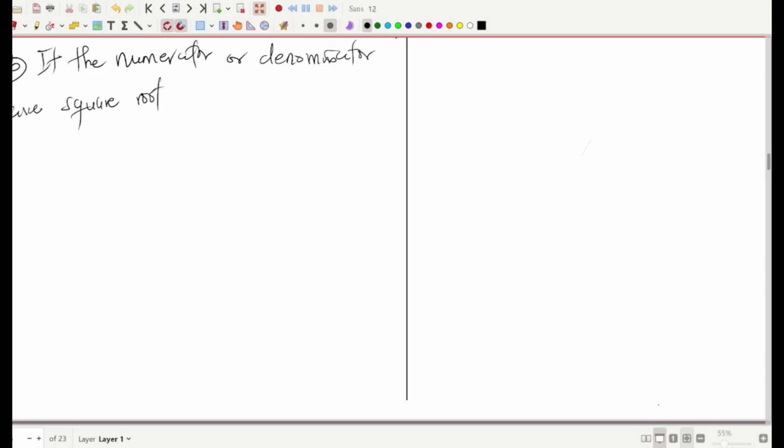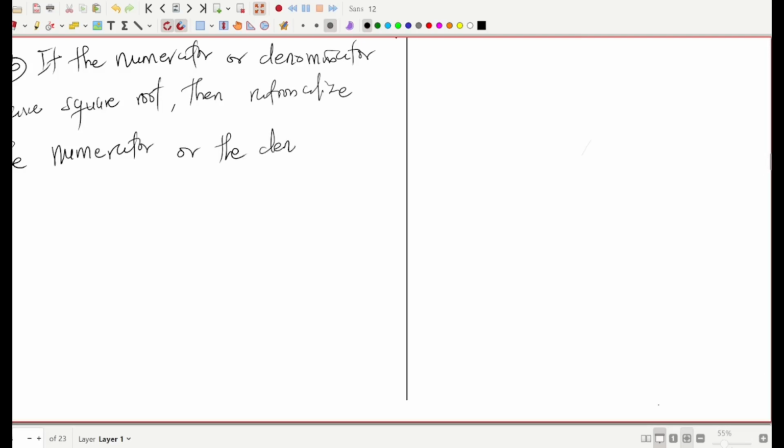The next one is for complex fractions: after realizing it is an indeterminate form, just simplify first.